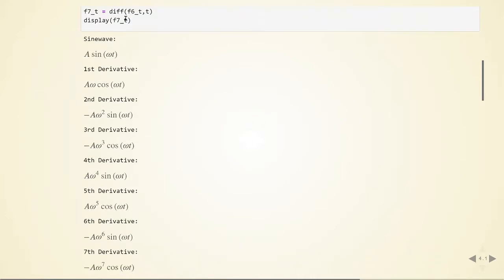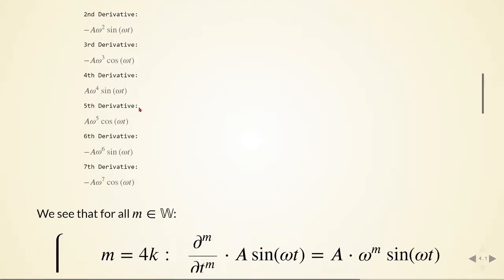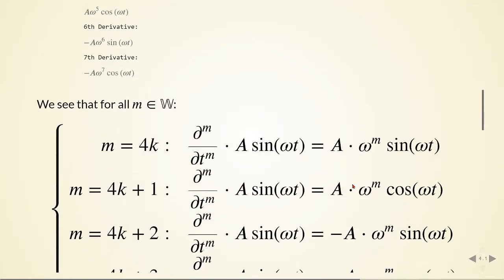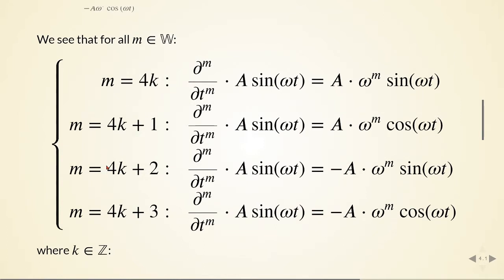So when we observe this relation and how it keeps going, we can see it in terms of these equations. When k is equal to 0, then we will have m equals to 0, and then we have our original function.